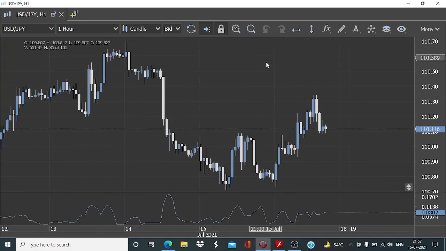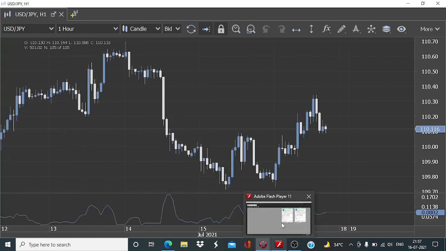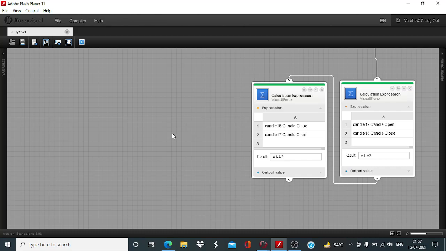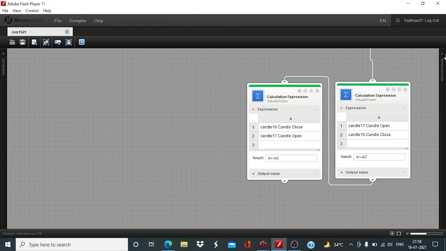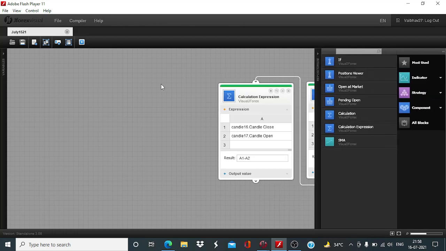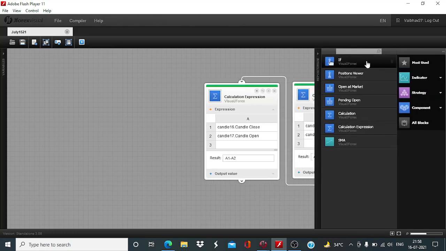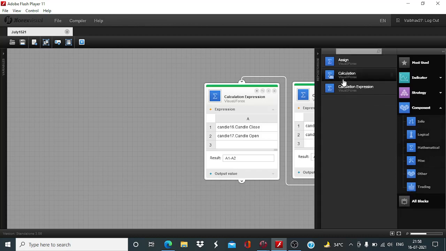Now we go back to the Visual JForex board, which has been developed by the Dukascopy Bank SA. We will take a calculation expression from the mathematical components.